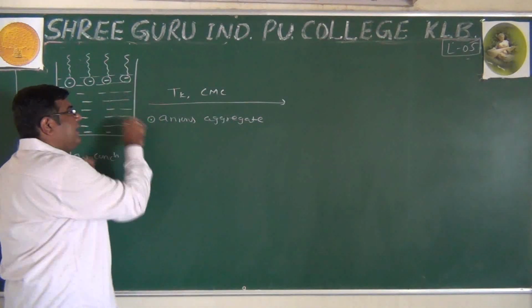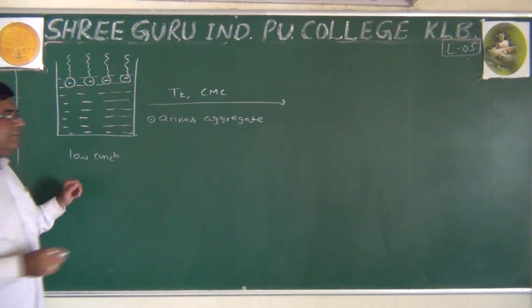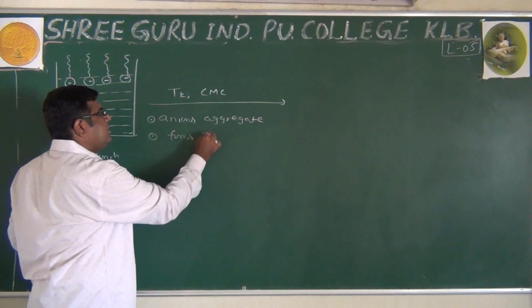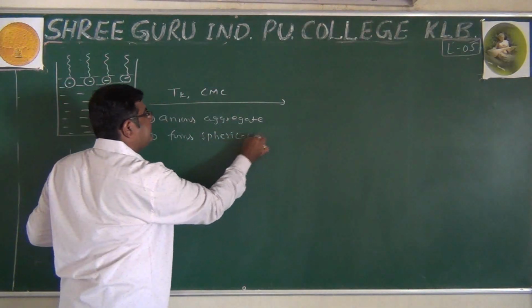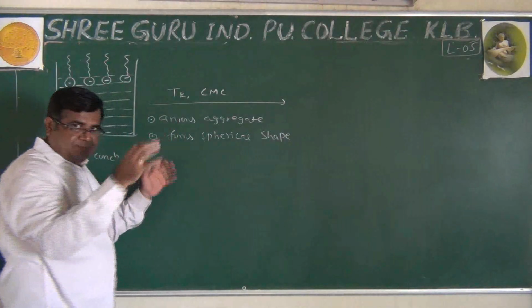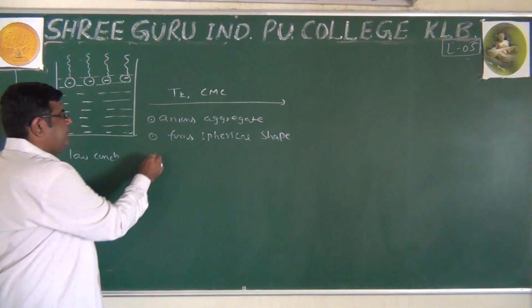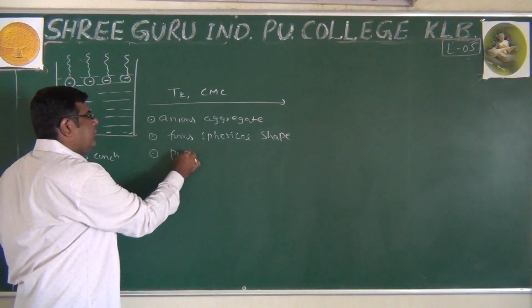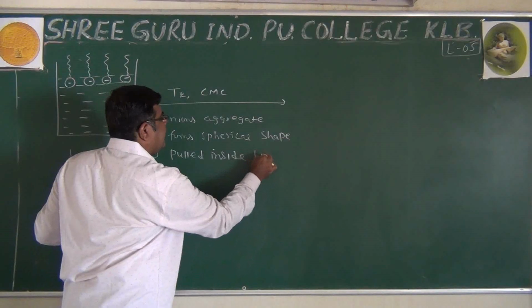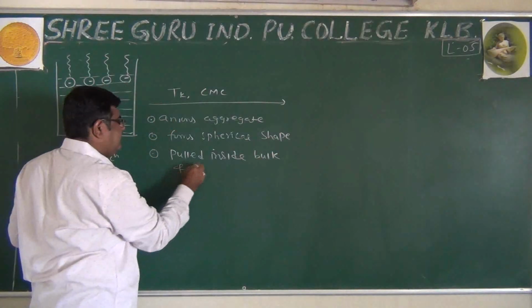These anions aggregate, they come closer, and form a spherical shape, a sphere, a globule, pooled inside the bulk of the solution.